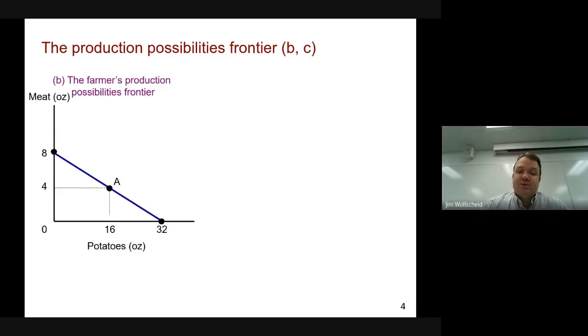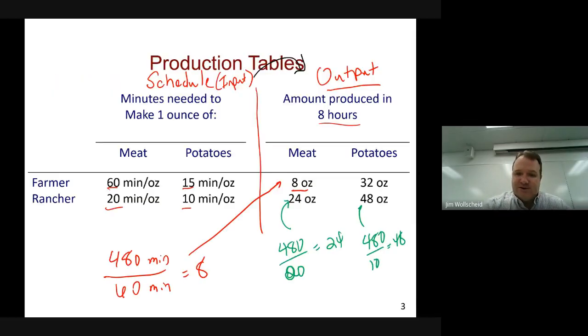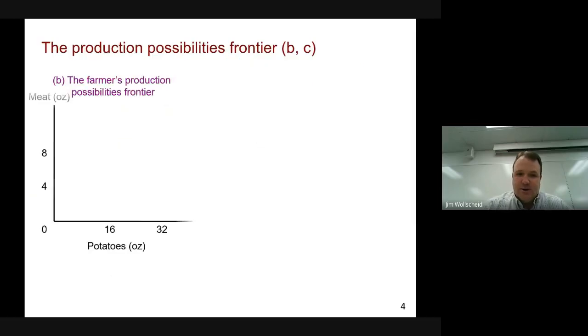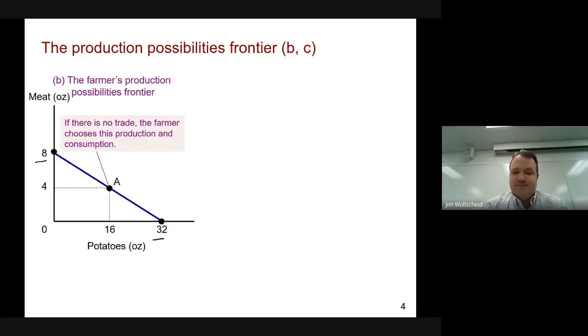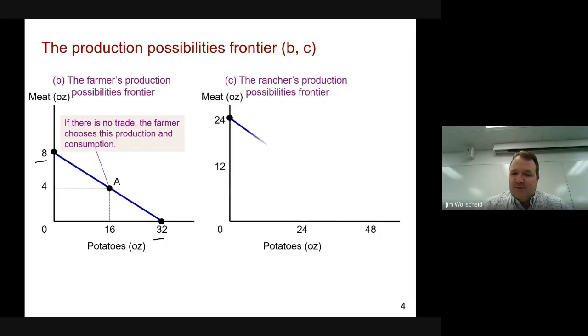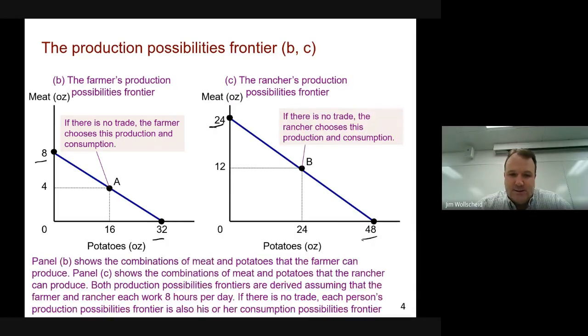So what we can then draw from this table we had before, 8 and 32, gives us our endpoint for the farmer. For the rancher, 24 and 48. Remember, this is what we call the production possibilities frontier. This is what they can produce.